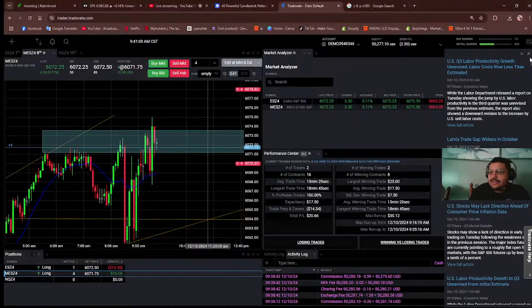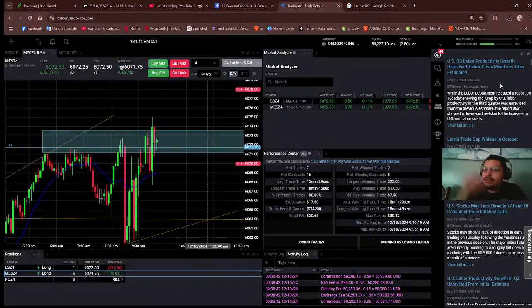Just a lot of notifications here. Q3 labor productivity growth unrevised. Labor costs rise less than estimated. While the Labor Department released a report on Tuesday showing the jump in U.S. labor productivity in the third quarter was unrevised from the previous estimate, the report also showed a downward revision to the increase in U.S. labor costs.